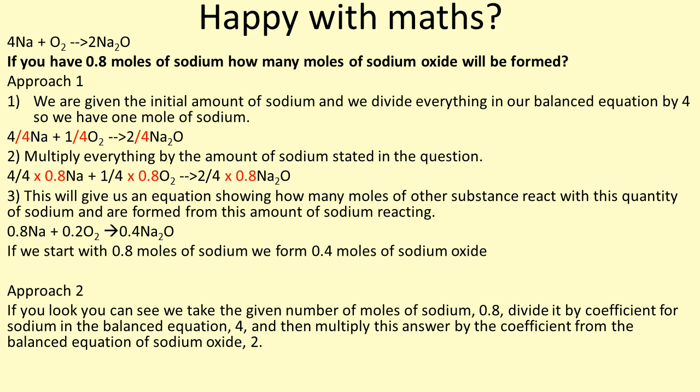So a shorthand way of doing this, without actually writing out steps or adjusting the ratio, is taking 0.8 moles, dividing it by the number found in front of that substance in the equation, 4, which is the 4 in front of sodium, and then multiplying it by the 2, which is the number found in front of whatever we're actually interested in terms of our product. So 0.8 divided by 4 times 2 gives us 0.4 moles.